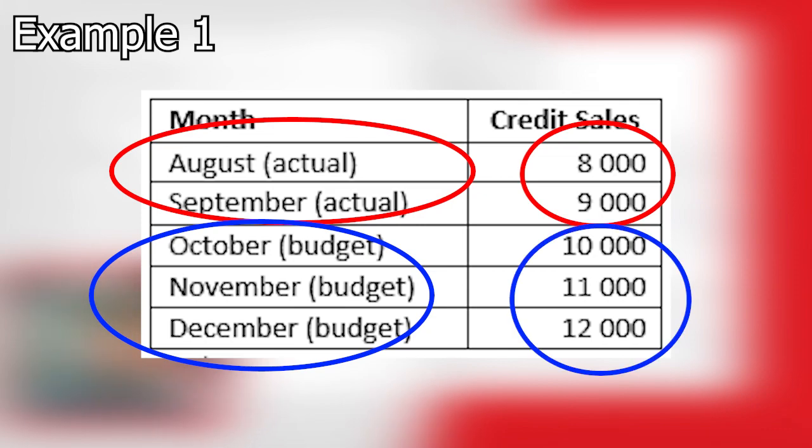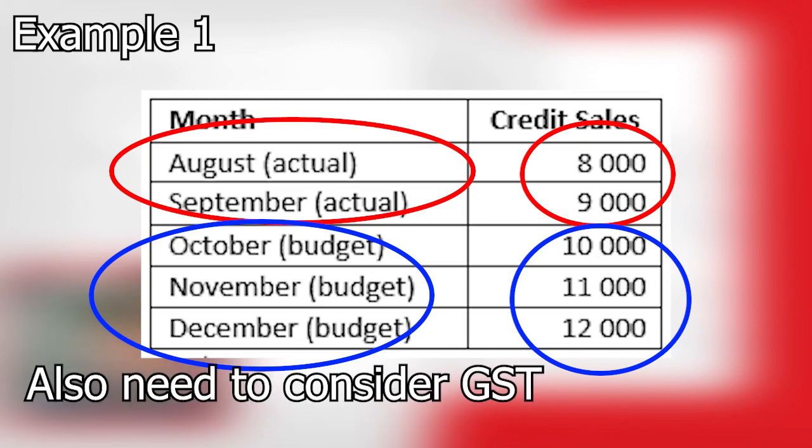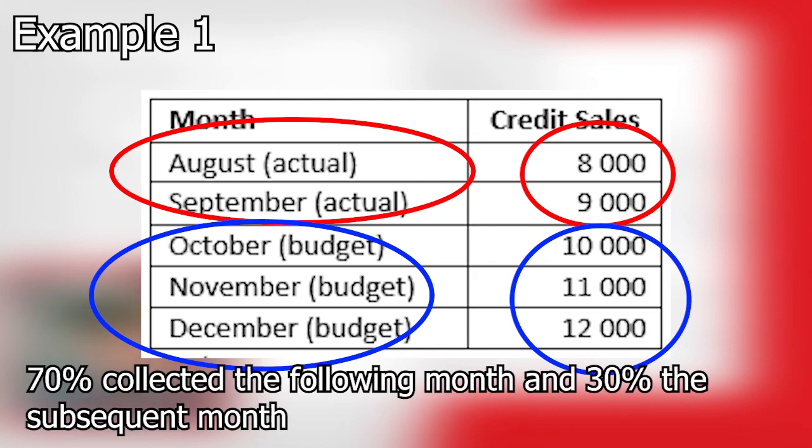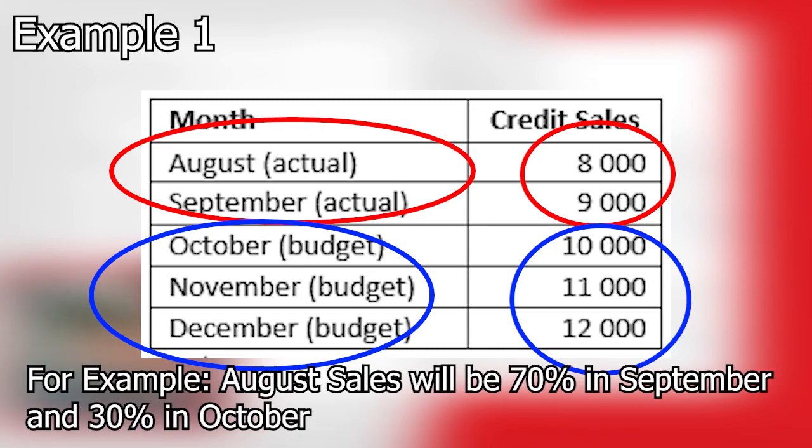Additionally, we also know we have charged GST on top of these amounts, so these amounts do not include GST. And we also find out that we collect 70% the following month, and then 30% the month after that. So if for example, August, we get 70% of that in September, and then the following 30% in October, and likewise.